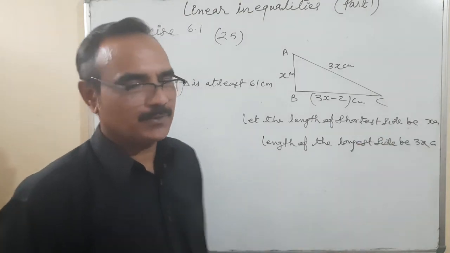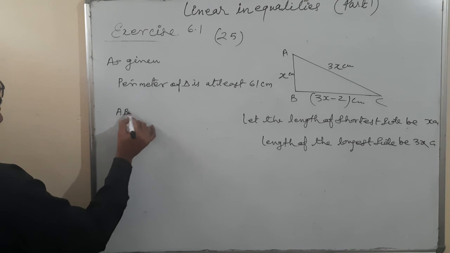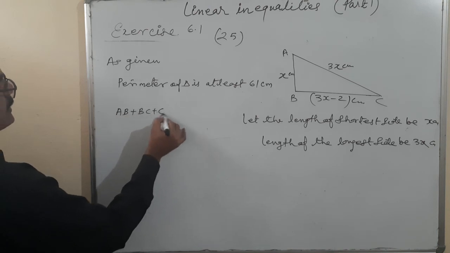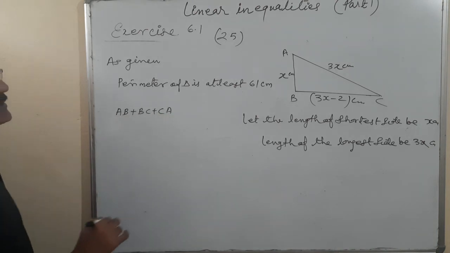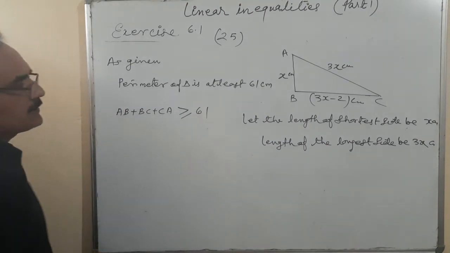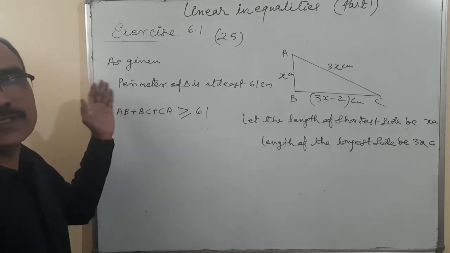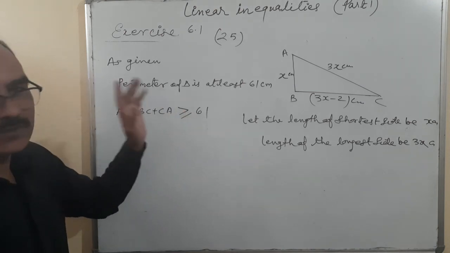It can be more than 61 also. Perimeter means AB plus BC plus CA, and it is at least 61. It is greater than or equal to 61.